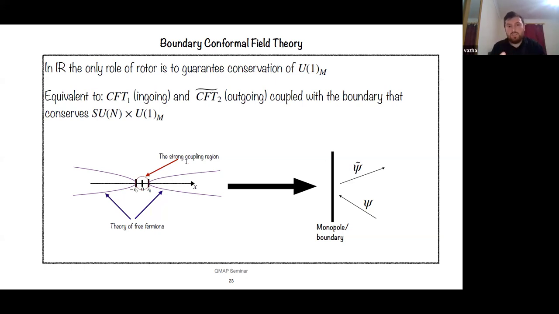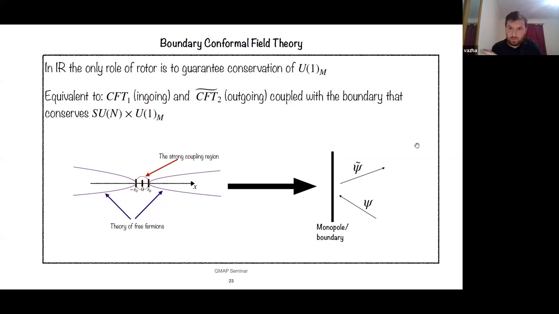The role of this strong coupling region was to conserve our non-anomalous charges. Now, it seems equivalent to ask the following question. Instead of considering these right-moving fermions, let me fold the system such that the incoming direction becomes a left-moving fermion.